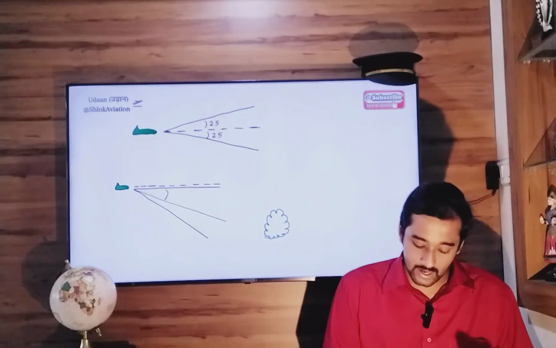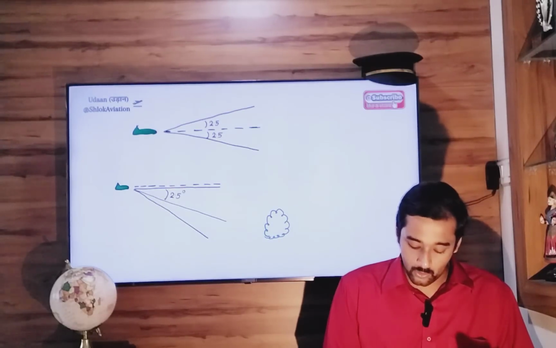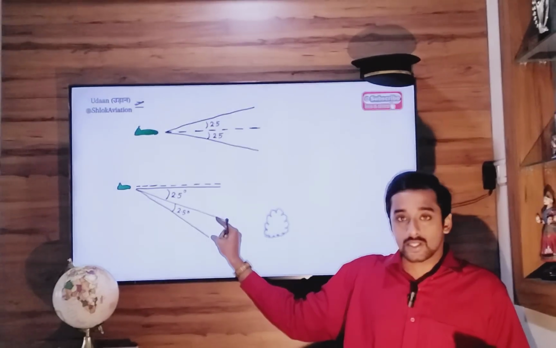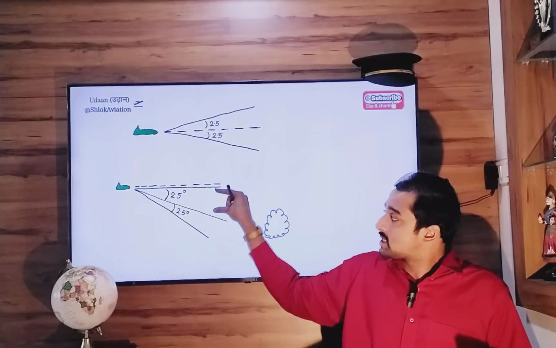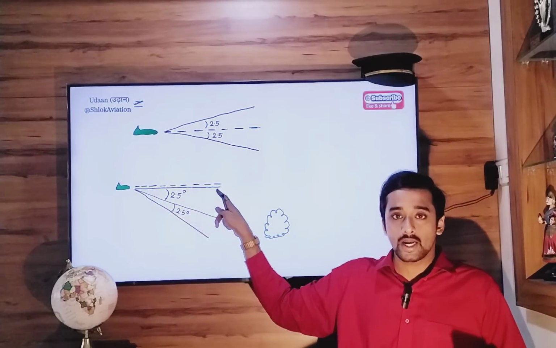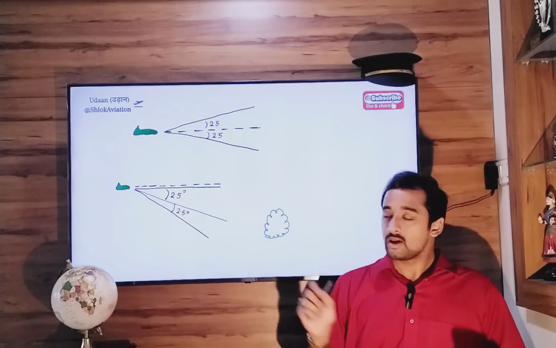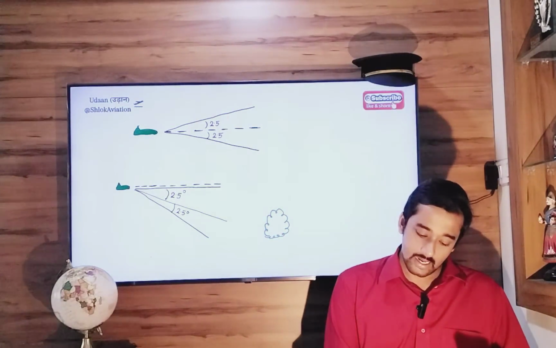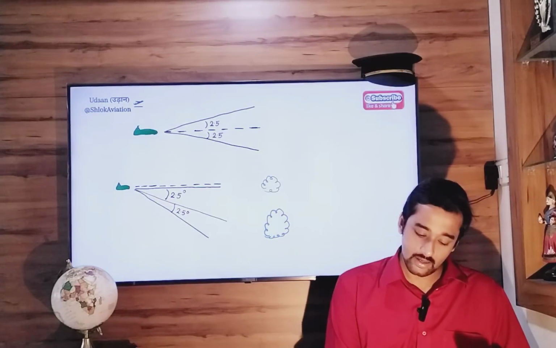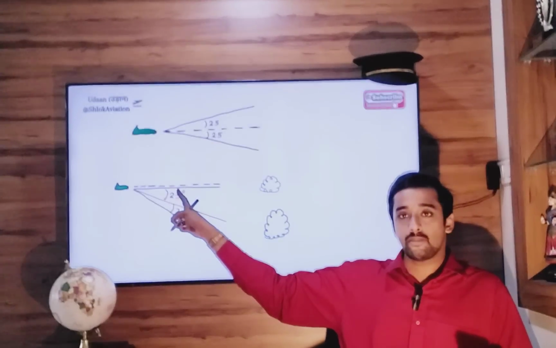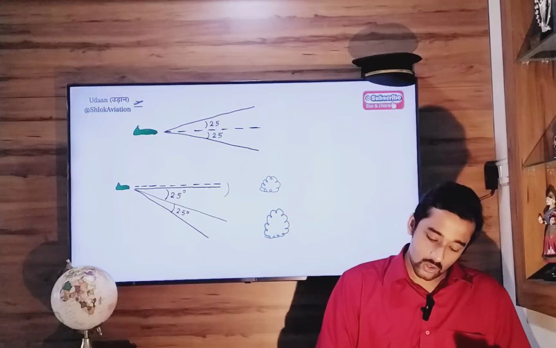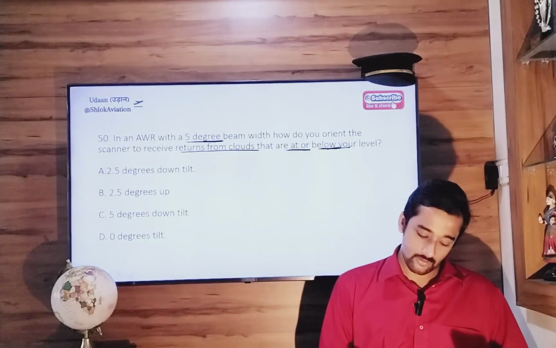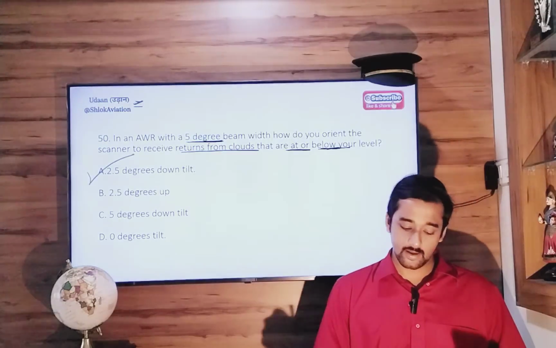So 2.5 degrees, 2.5 degrees. This bottom part will be this, and this top part is aligned with the horizontal datum. So if there is any cloud which is below your level or at your level, it can get detected when you tilt the beam 2.5 degrees down. So the correct answer is 2.5 degrees down tilt, option A.